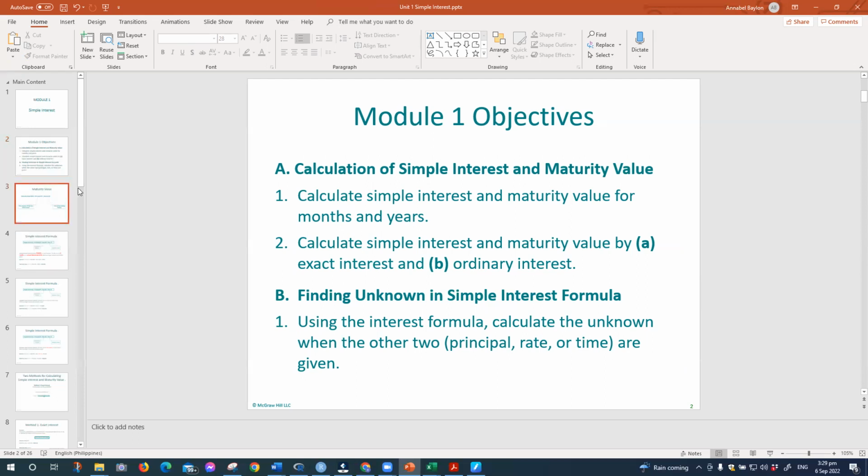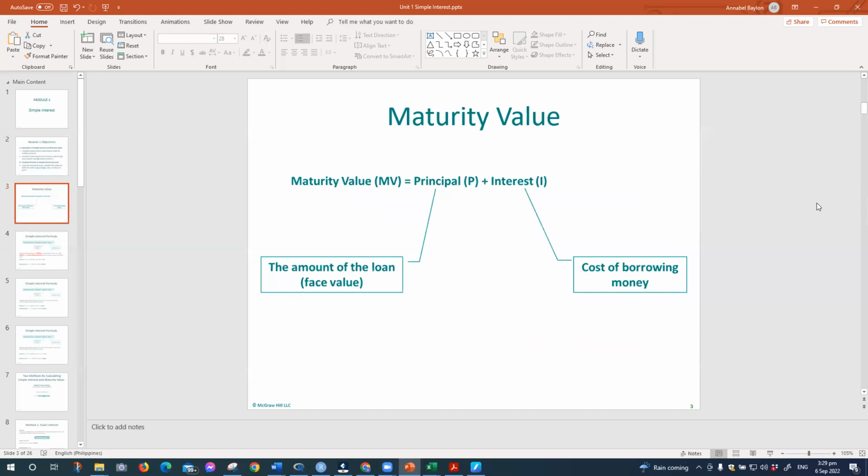Okay, so magsimula muna tayo. Let's take a look at this. The formula to compute for your maturity value is just equal to the principal plus the interest. Now it goes both ways. The principal can be the principal for a loan or the principal in an initial investment.